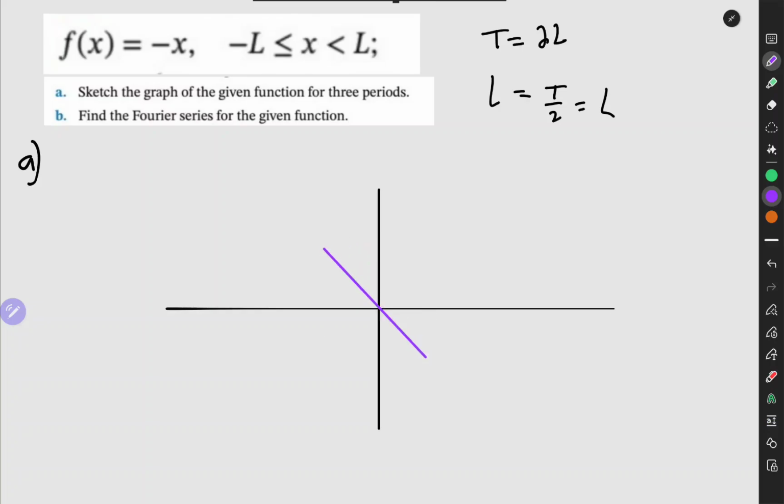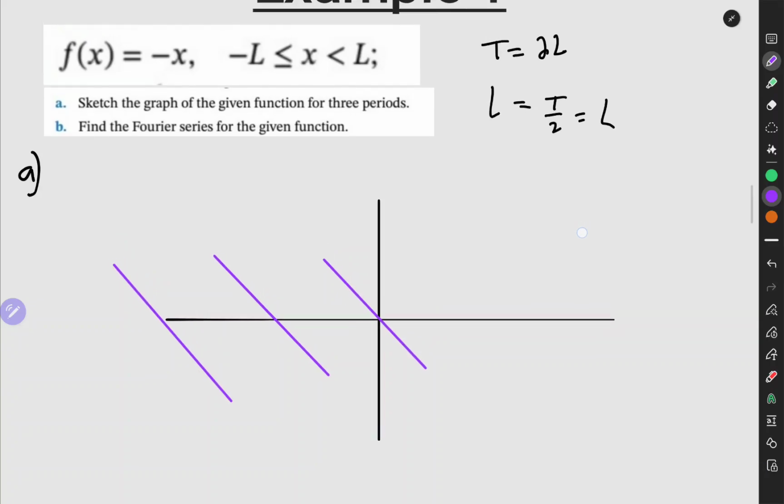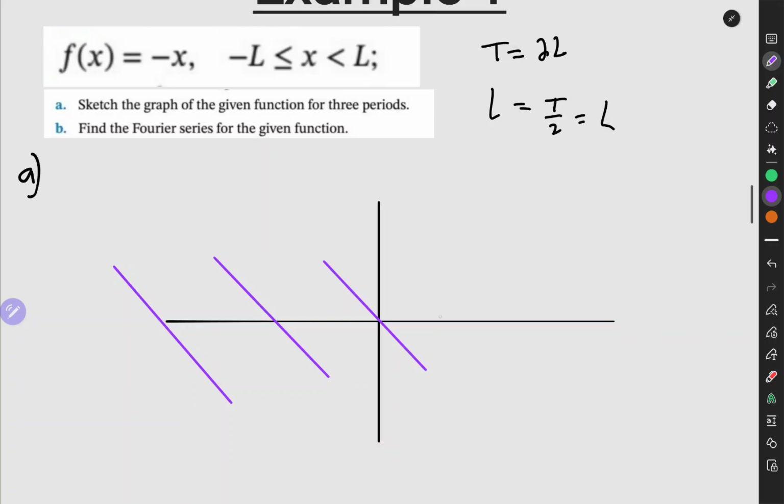And then it kind of picks back up like this. And then we need one more. Okay. You get the idea. It kind of goes like this, and like this.